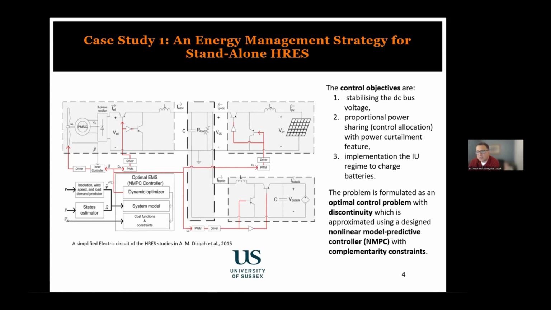Particularly when you don't have a grid, you should be able to curtail the production whenever required, to make sure that the batteries are charged properly. So we formulated such a problem as an optimal control problem, which has some challenges, as the next slide will show. Then we developed a non-linear model predictive controller to solve it successfully.